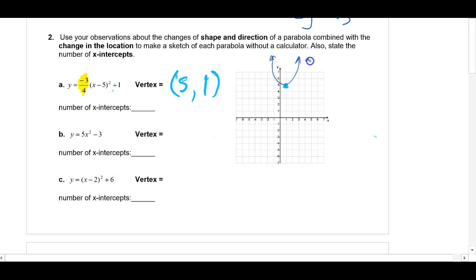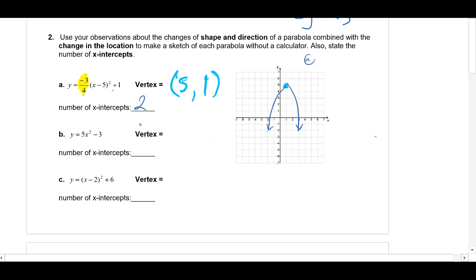And go ahead and label that A. And so if it's pointing, oh, I apologize, it's not pointing up, it's pointing down because it's negative. It's negative, so it's going down. So if it's going down, that means it crosses the x-axis at 2 points. So it has 2 x-intercepts. So that's the question. Not what are the x-intercepts, but how many are there?